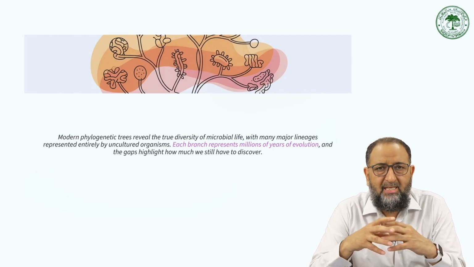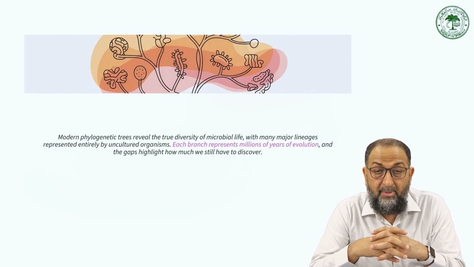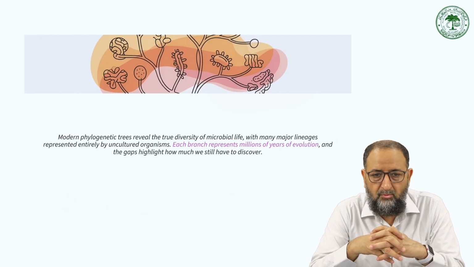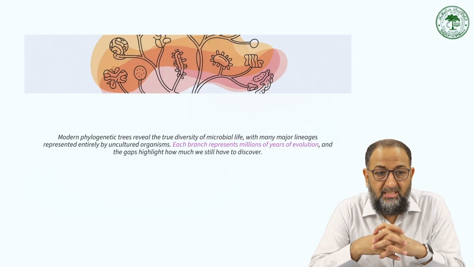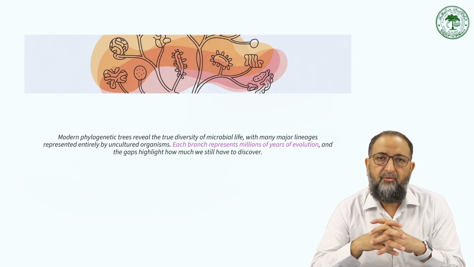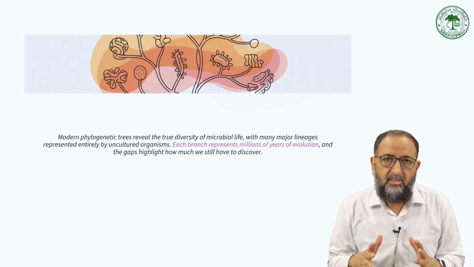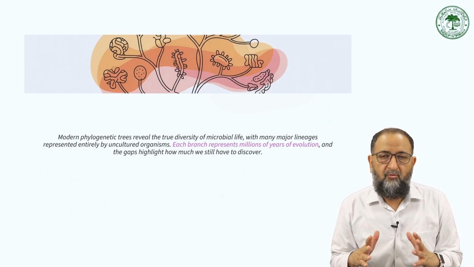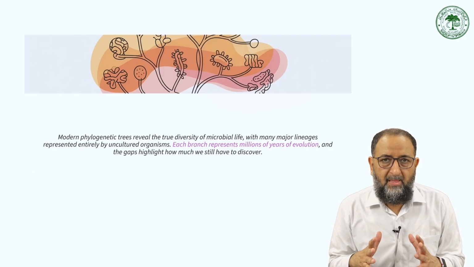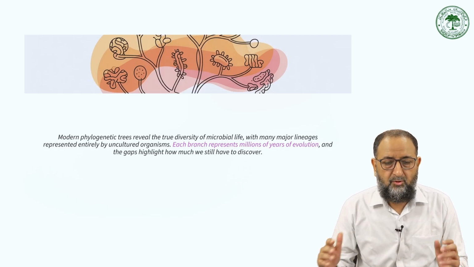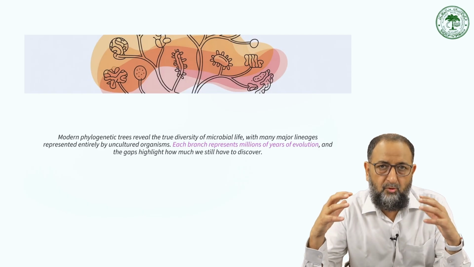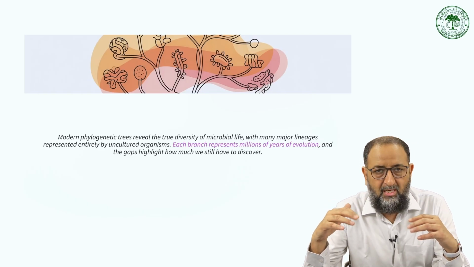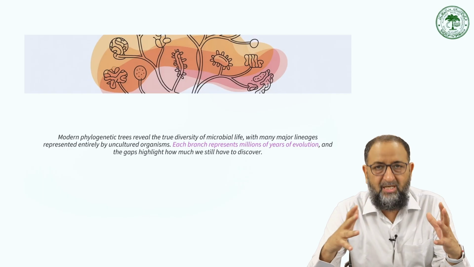So phylogenetic analysis, the phylogenetic tree, is the best platform to understand and display diversity, where the major lineages represent entirely uncultured organisms as well. The data generated through metagenomics is analyzed through phylogenetic analysis, using computational software, which gives you a clear-cut picture of where your microorganisms are present and how you can differentiate them on the basis of the phylogenetic tree.